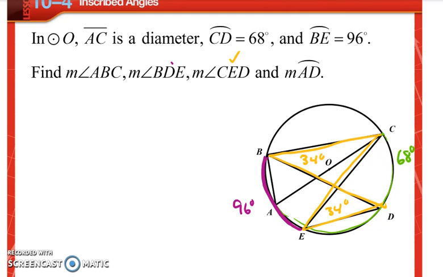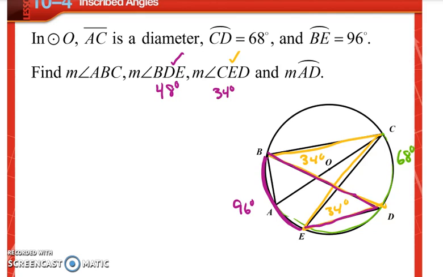And if we want to find BDE, we're going to look right here. That's an inscribed angle. So the measure of angle BDE is going to be 1/2 of 96. So 1/2 of 96 is 48 degrees. Let me write CED on here. CED was 34 degrees.